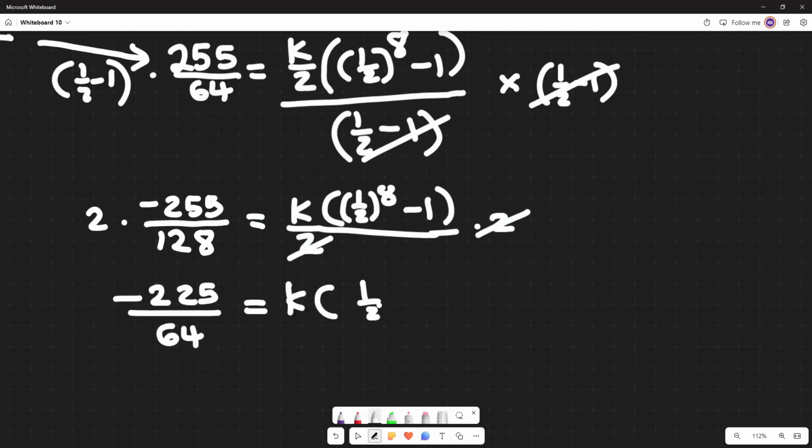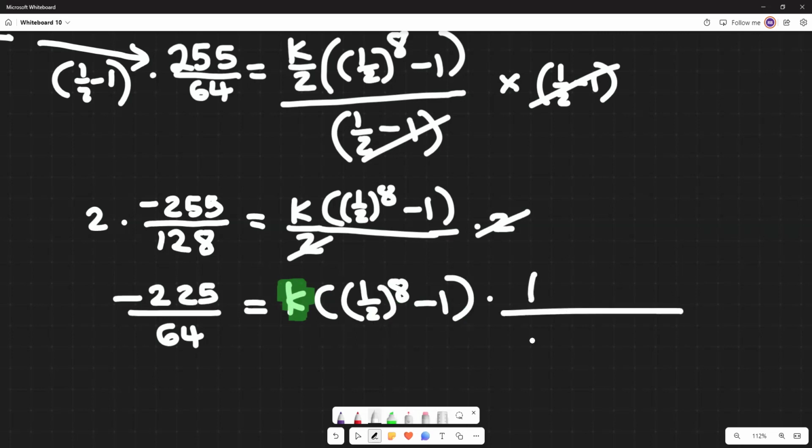Then you have a half to the power 8 minus 1. Since I'm solving for this guy here, and there's no other variable, I'm going to divide both sides by that. Or simply I can say I'm multiplying by 1 over that.